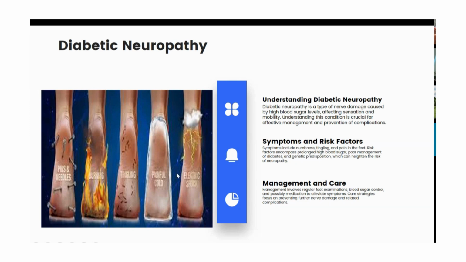Now, diabetic neuropathy relates to the fact that if your levels of sugar are extremely high, or if they've been high for a prolonged period of time, so you have no good control of your sugar levels, the actual nerves are affected by these sugars.